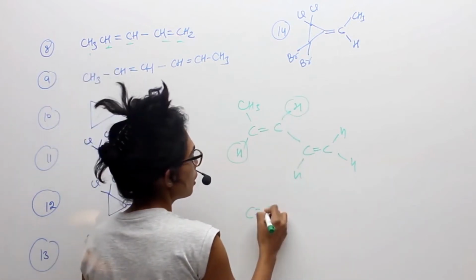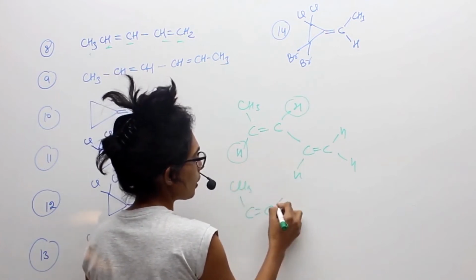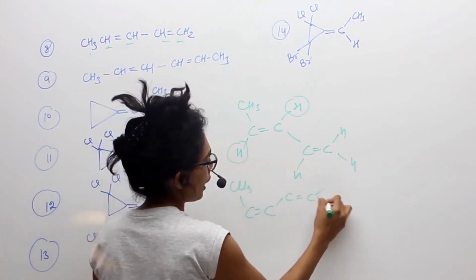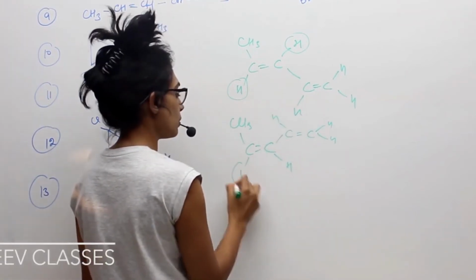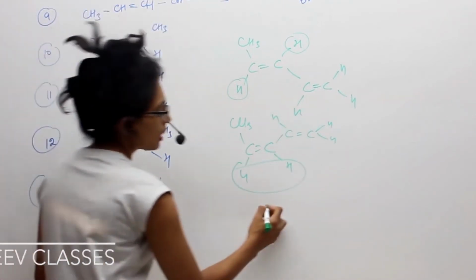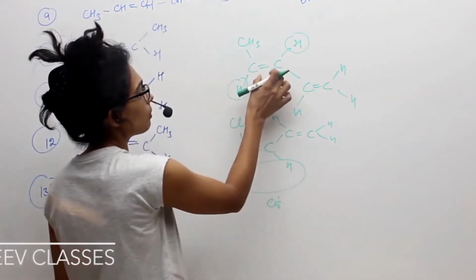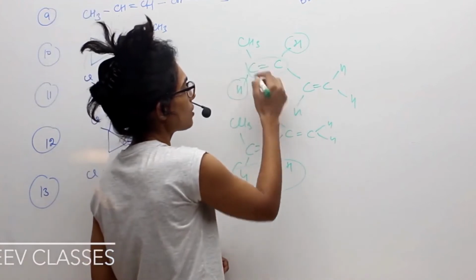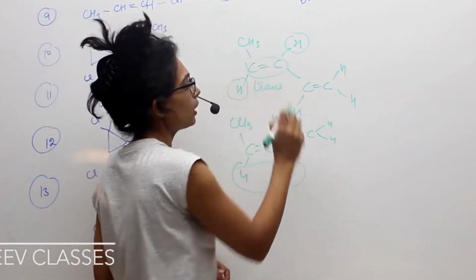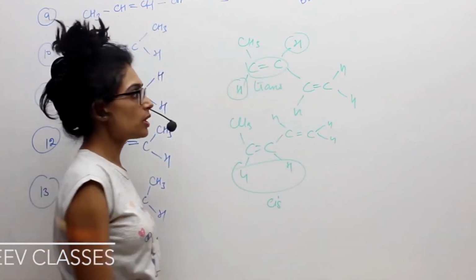So we can have another form of it, that is CH3, C double bond CHH, with hydrogen here and hydrogen here. Because these two are in the same plane, if I am taking this carbon double bond carbon in reference, this will be called cis. This will be called trans. So that means it is capable of showing geometrical isomerism. What about the other one?